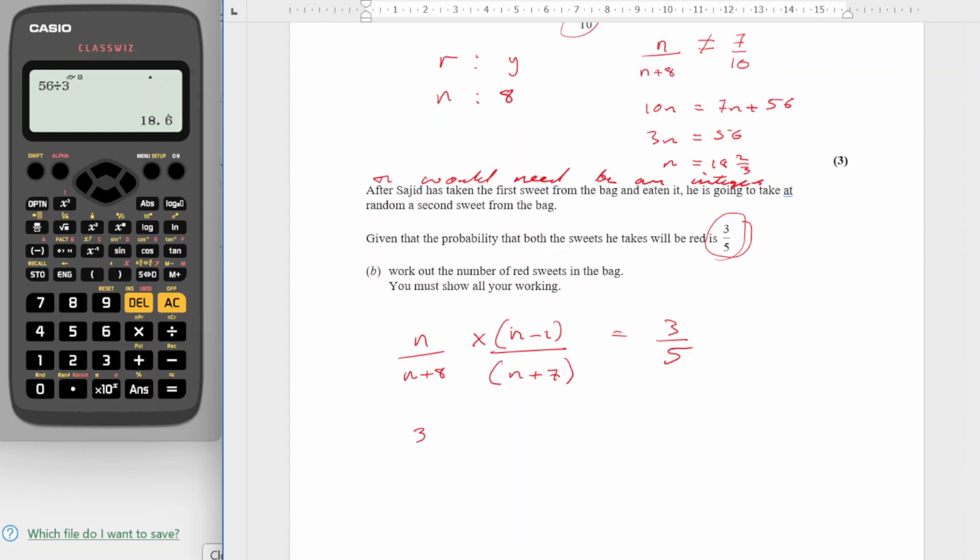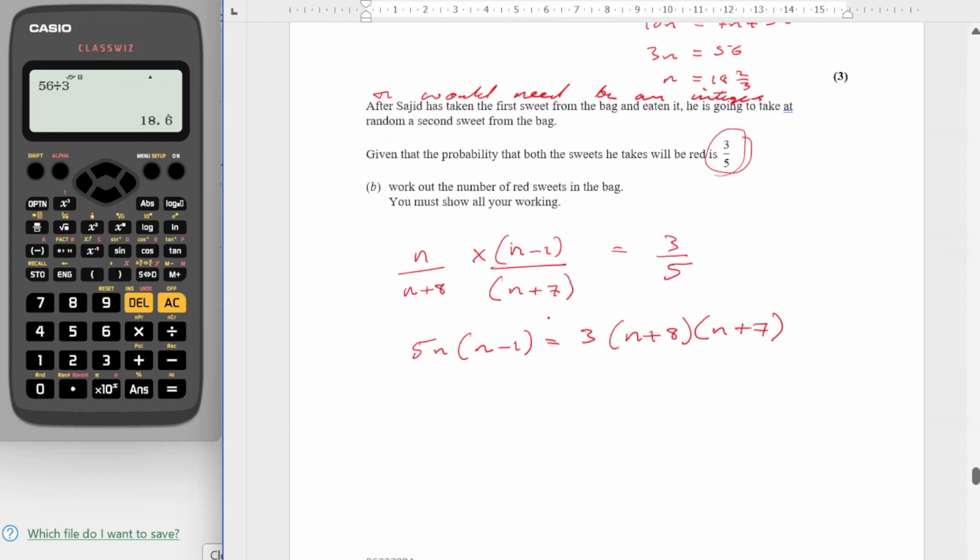So in effect, I'm going to have 5n times n minus 1, and that's going to be equal to 3 times n plus 8 times n plus 7. Right, and I need to multiply that out and then tidy it up. So I will multiply out the first bracket, that will give me 5n squared minus 5n.